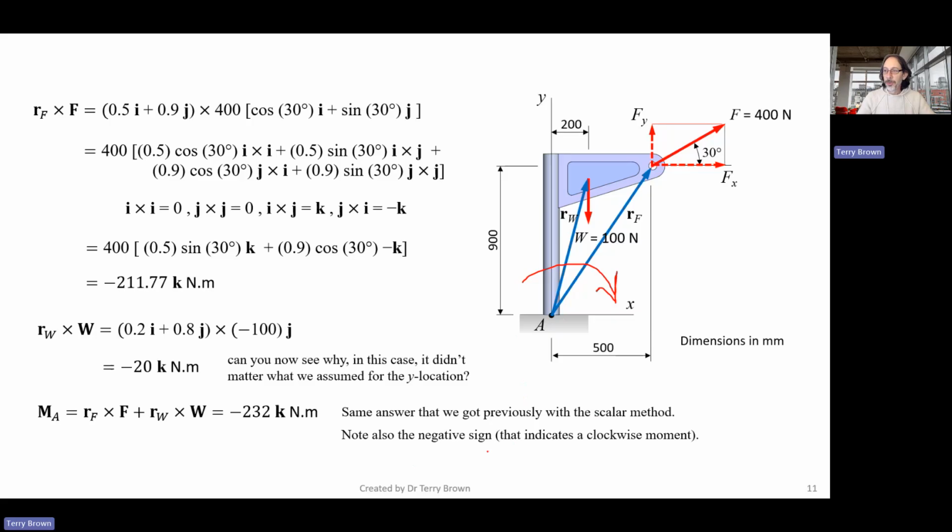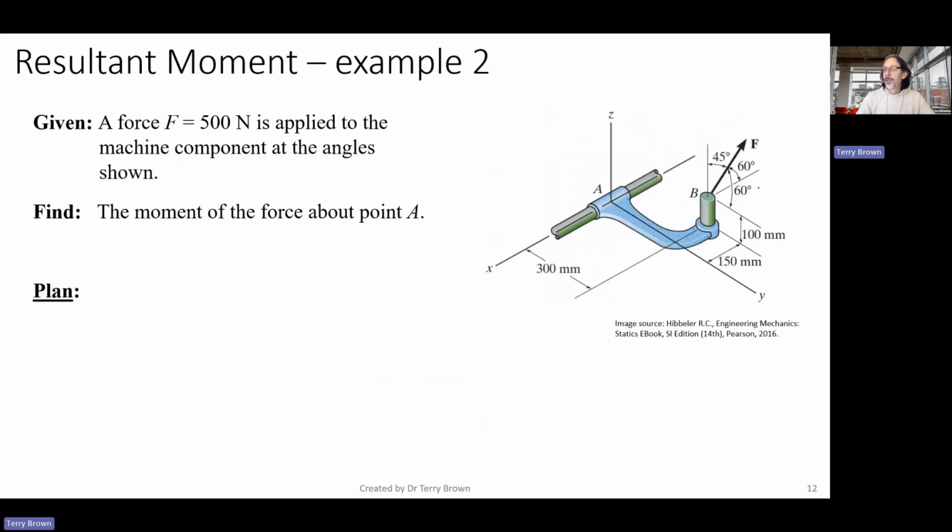Which also indicates why I said previously that, strictly speaking, if X and Y are defined as positive to the right and positive vertically upwards like this, then you should be taking anti-clockwise as positive. Now, it doesn't matter in 2D problems, but in 3D problems it does. All right, now I'm going to stop, and I'm going to come back with the going through this problem.